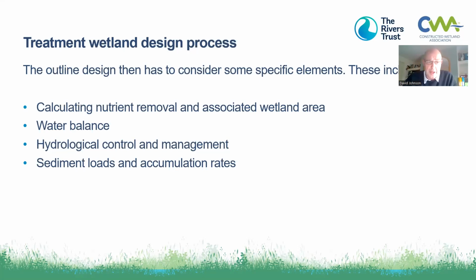Then you've got the hydraulic control, so making sure that the levels are all being calculated correctly, and that the flow through the wetland is going to work. And then estimating the sediment loads and accumulation rates. So those 3 calculations all need to be done at this outline design stage, and of course the final one of calculating the nutrient removal and therefore the associated wetland area.